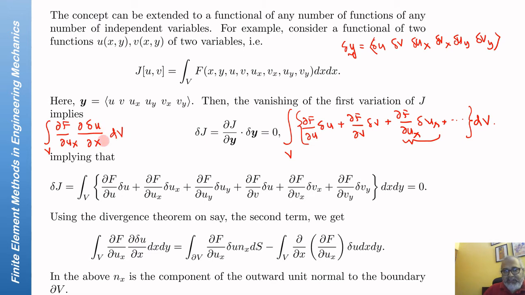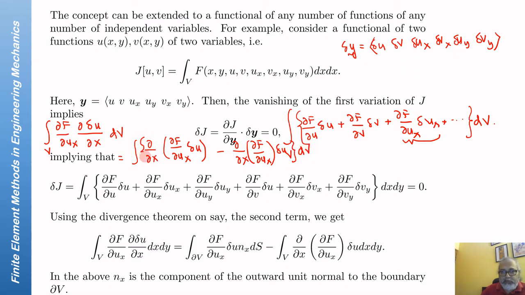Now I can write this as what I have done here. So I can write this minus del/del x of del f/del ux delta u.